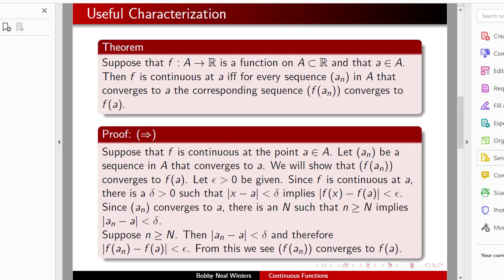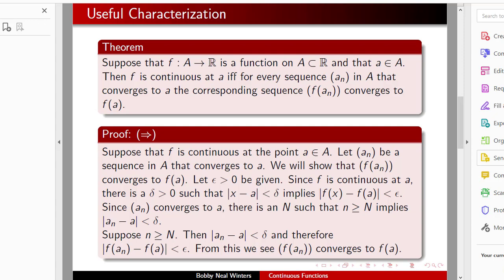Let epsilon greater than 0 be given. Since f is continuous at the point a, there's a delta, so that when the absolute value of x minus a is less than delta, then we will have that the absolute value of f of x minus f of a is less than epsilon. So by making x delta close to a, we will make f of x epsilon close to f of a.